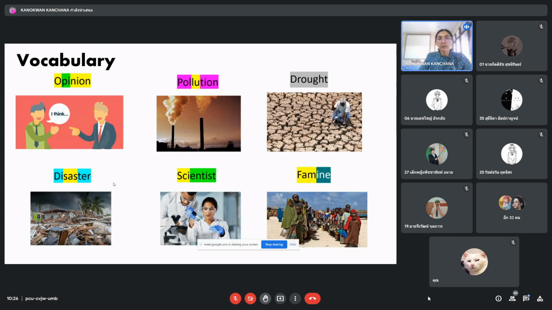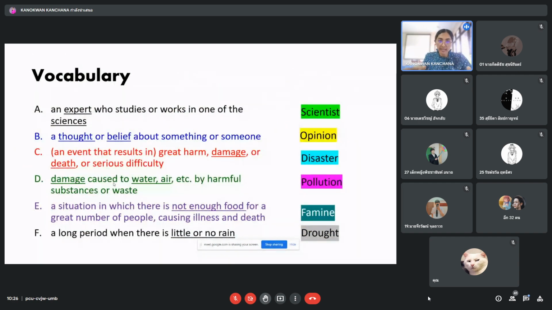We learn through the picture. You've got the picture in your mind, and you've got the word, and you've got the way to say that word. And later after that, you see some of the keywords in the English definitions. For the expert in science, that is scientist.